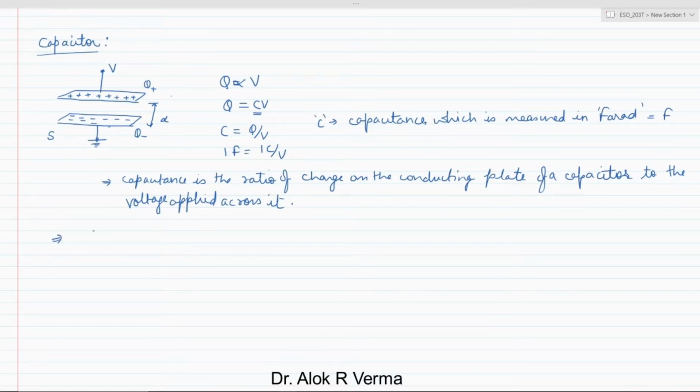We can also define the capacitance in terms of the dimensions of this capacitor.